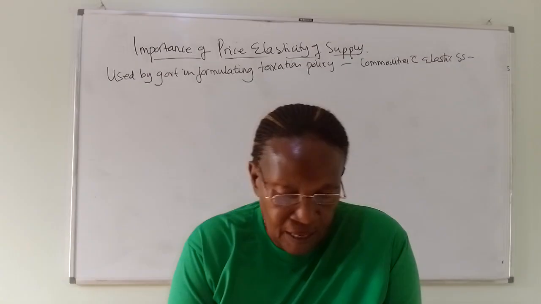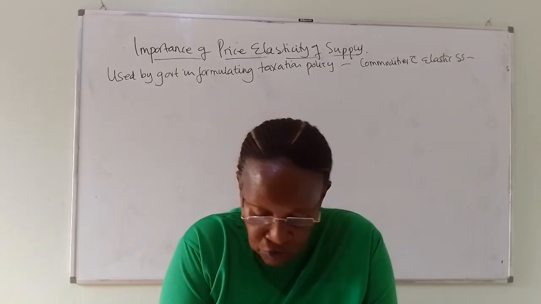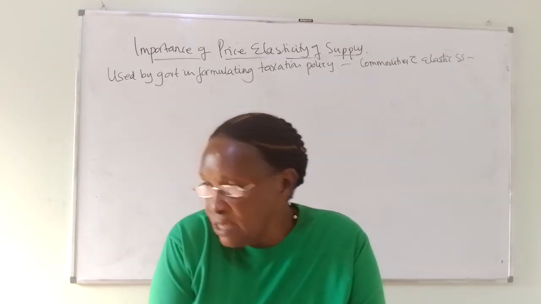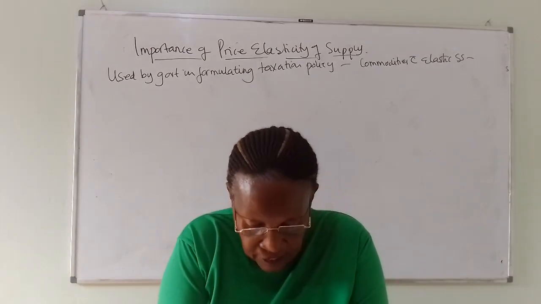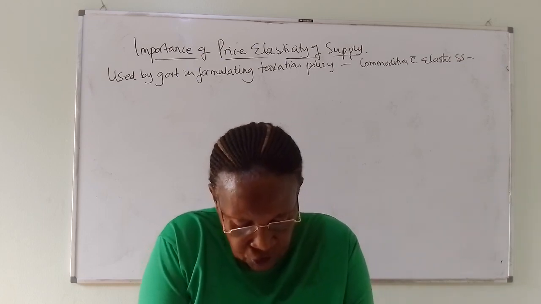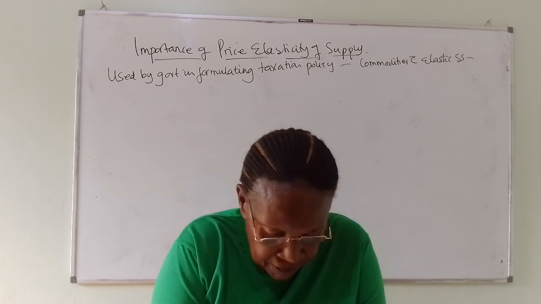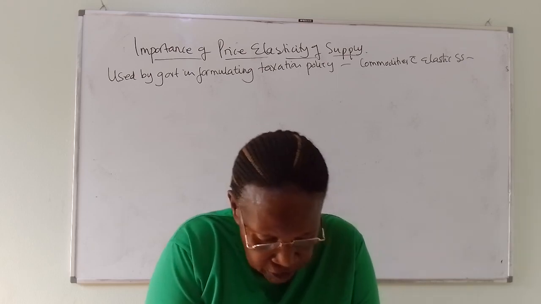And you find that here, whenever devaluation is being considered, you look at your exports, which you want to supply more. Are they in that category which is of elastic supply? So if they are of elastic supply, then you act accordingly.